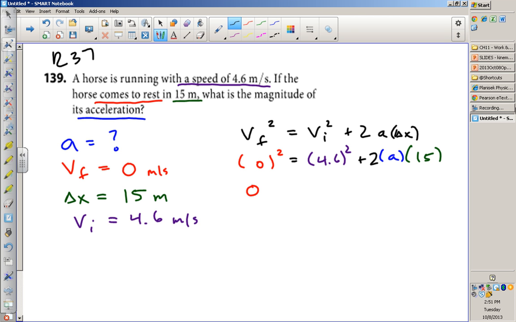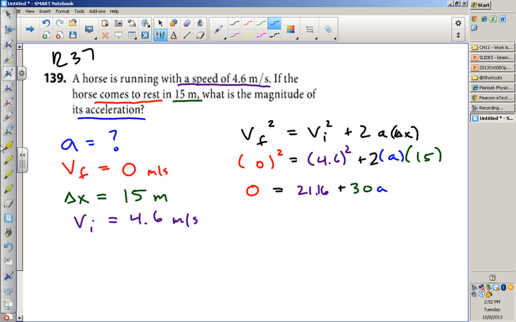So that leaves us with 0 equals, Jamie, did you square 4.6? Yeah, 21.16. Okay, 21.16 plus, and then I would multiply 2 and 15 first to leave us with 30A. Right? And then it's just a matter of getting A by itself.